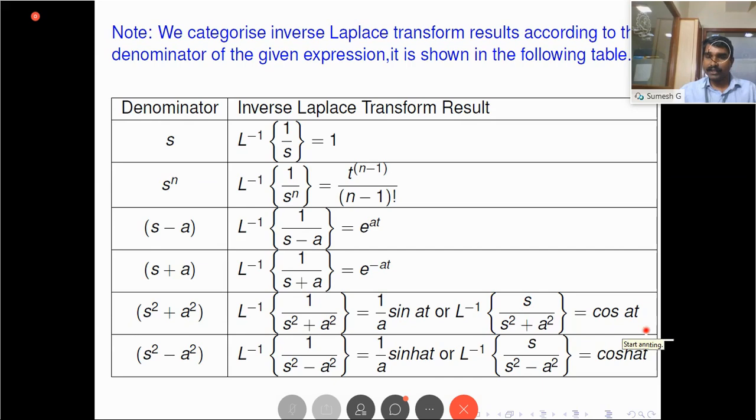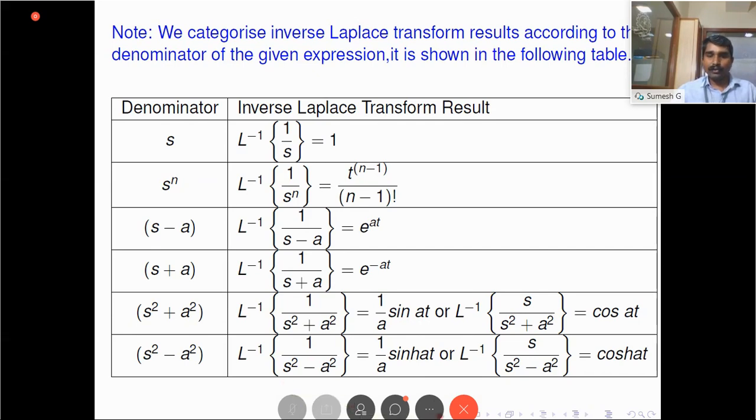For the denominator s square minus a square, in this case also, we have 2 options according to the numerator. First result is inverse of 1 by s square minus a square is 1 by a sin h at, or we have to use the second result, inverse of s by s square minus a square equal to cos h at. So inverse Laplace transform problems are classified according to the denominator of the given question.